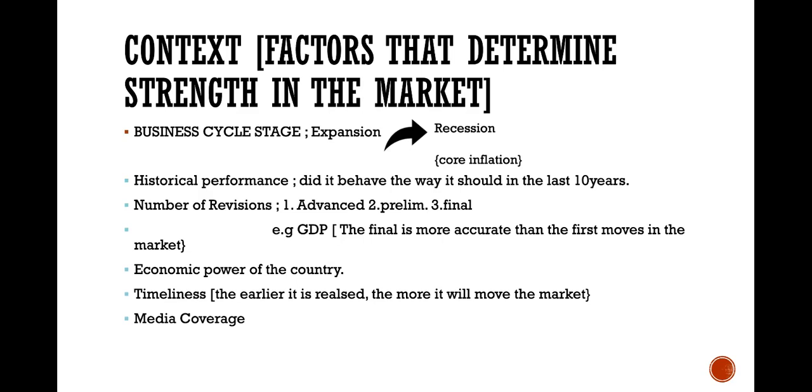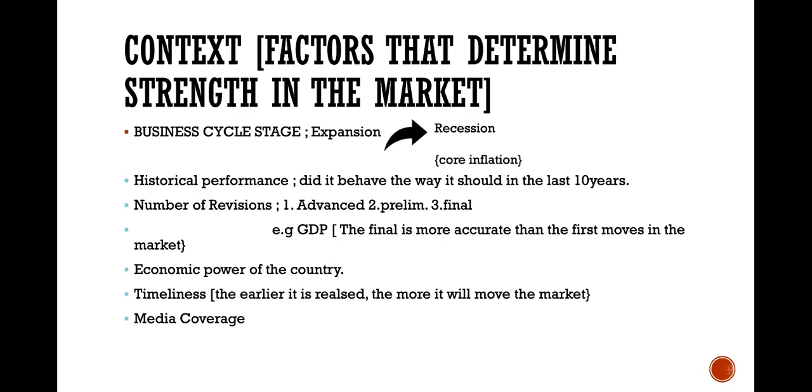They compare data year on year, they compare it to 10 years, they just said our price went to a 34-year high. The first time the Fed increased interest rate, they were like, oh, they just increased it by 50 basis points, the highest it has been in years, since 1980 something. So all of those historic performances matter in determining the strength of the market.